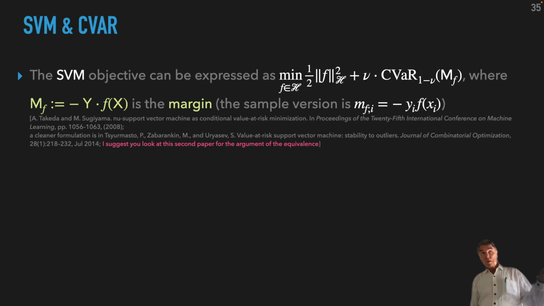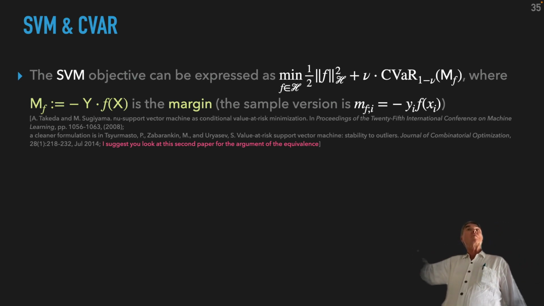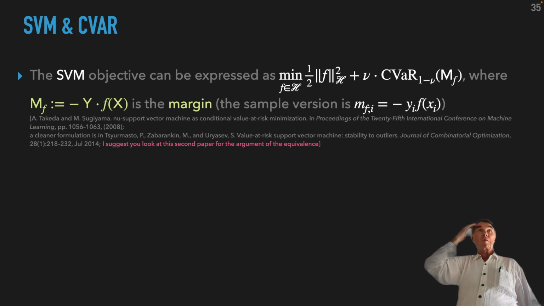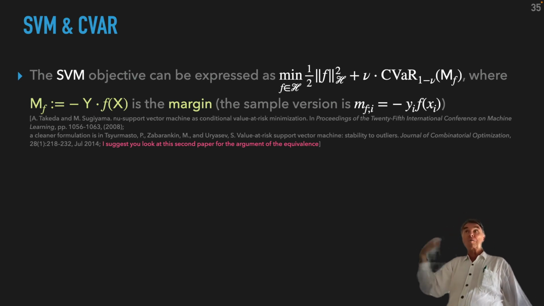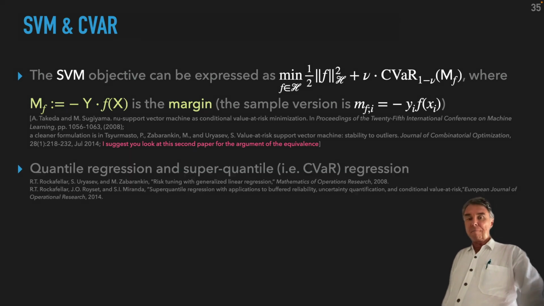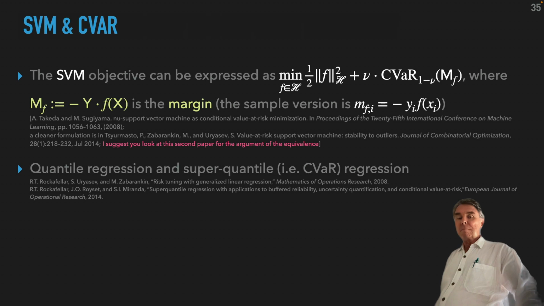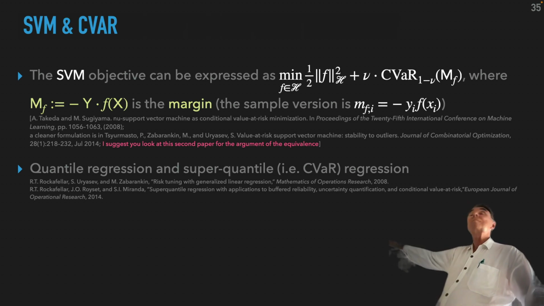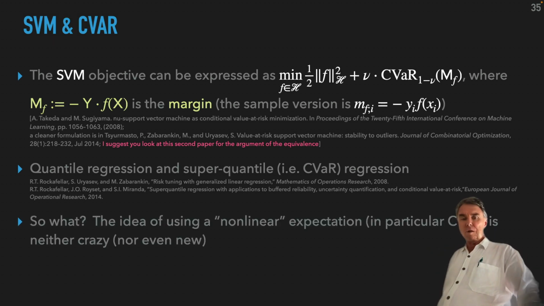So if you know about SVMs and you have some intuition about them, then it might be worthwhile looking into this to make you more comfortable with this functional that I've introduced, which I'm now going to lean on a lot, right? So I said before that there are other algorithms that use it as well, that you can look up.